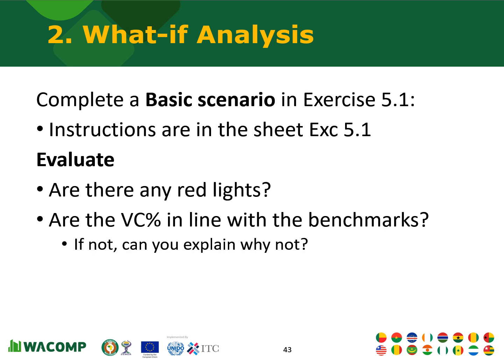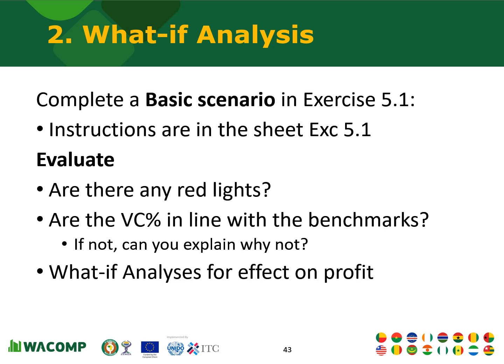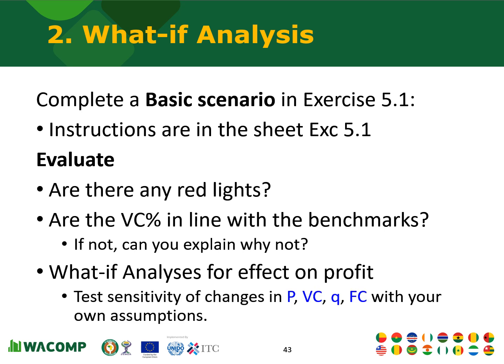If not, can you explain why not? Then do a what-if analysis for the effect on profit. Test sensitivity of changes in P, VC, Q, FC with your own assumptions.